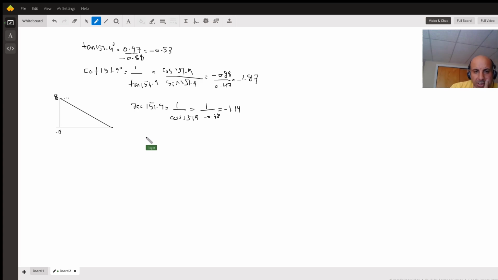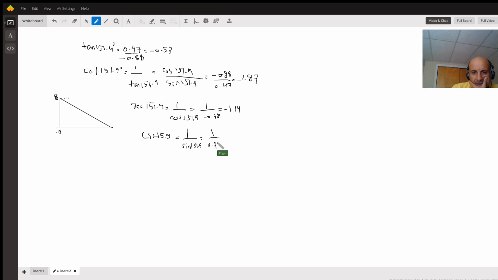How about the cosecant? The cosecant of 151.9 degree is 1 over sine 151.9 degree. It's equal to 1 over, what was the sine? 0.47.